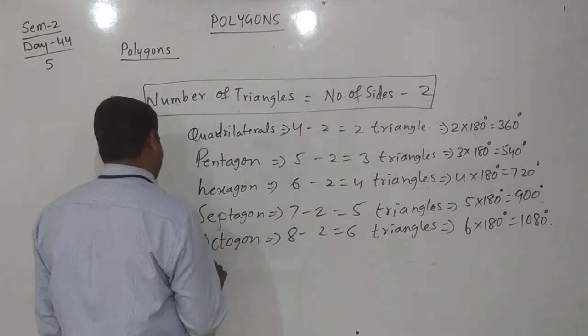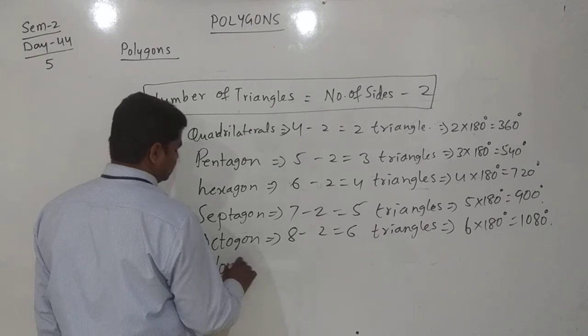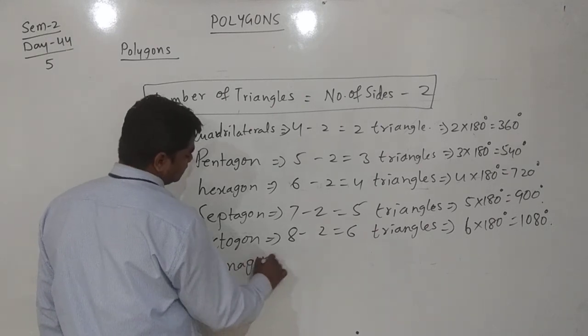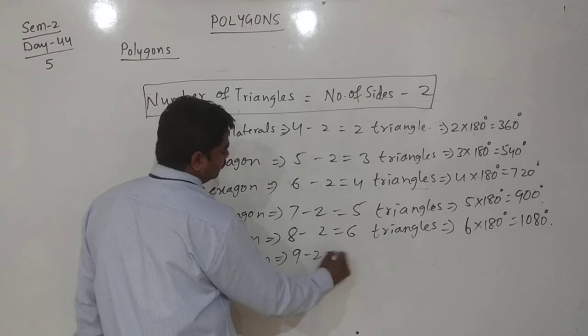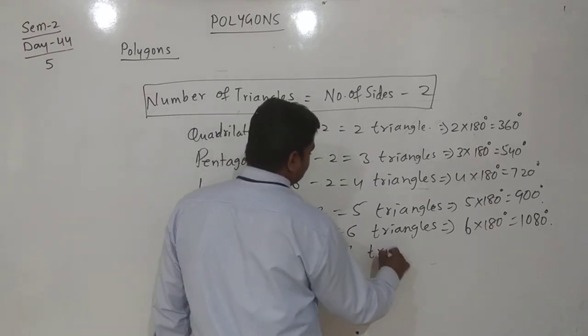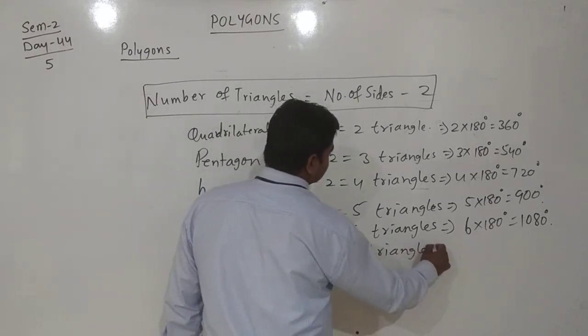Next is nonagon. That is 9 minus 2, 7 triangles. How many triangles can you find? 7 triangles.